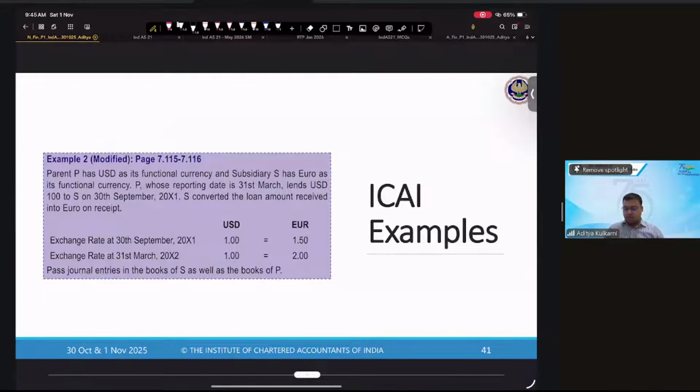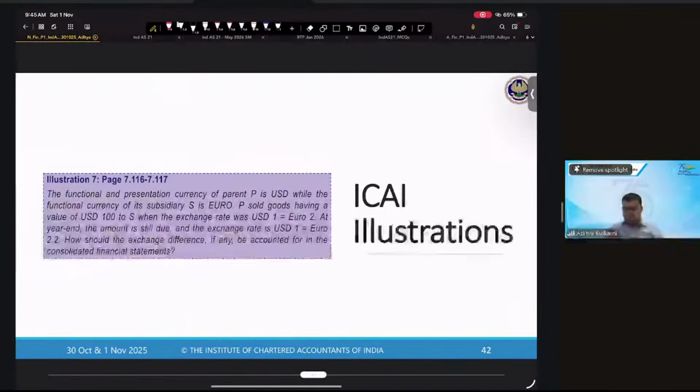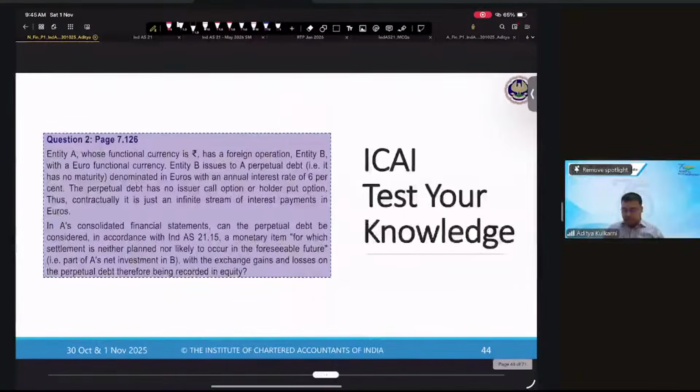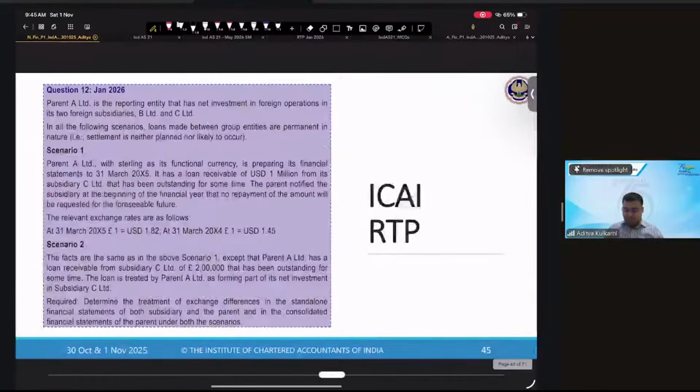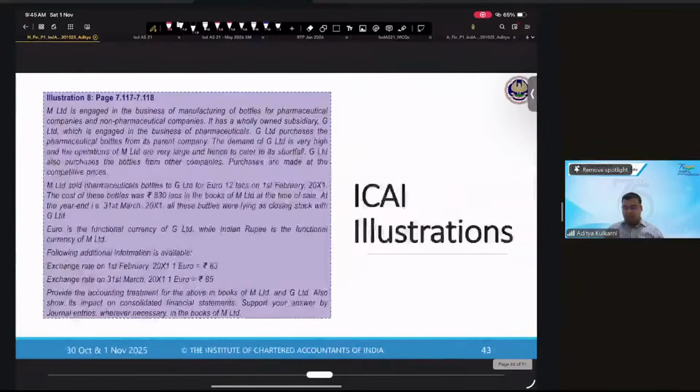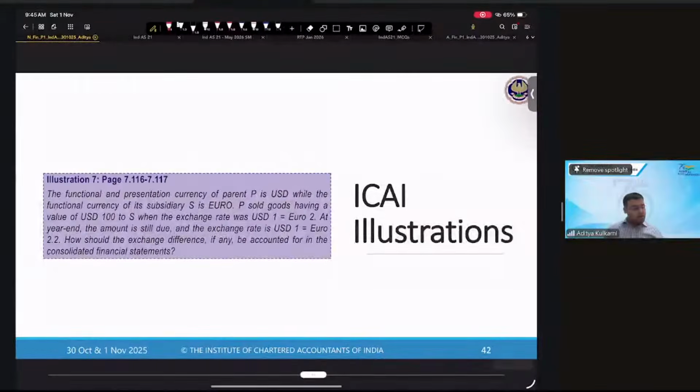All right, so now basis this, I think we can try to do a couple of easy questions, not something which is very difficult. The functional and presentation currency of P is US dollars, while that of its subsidiary is euros.